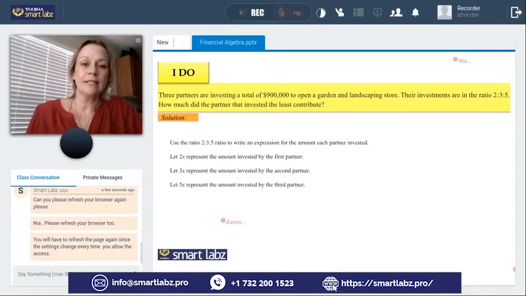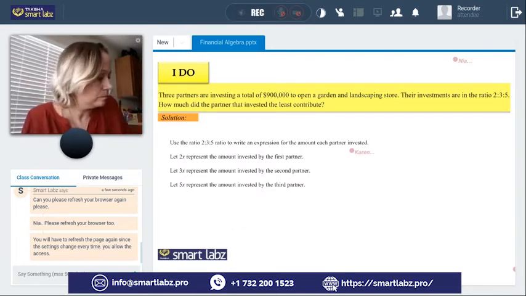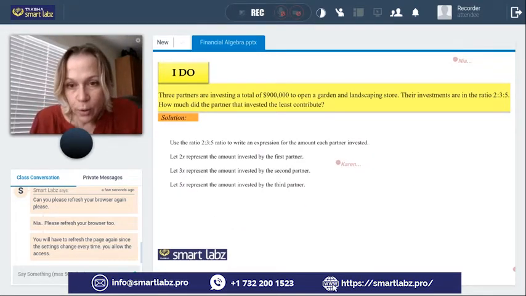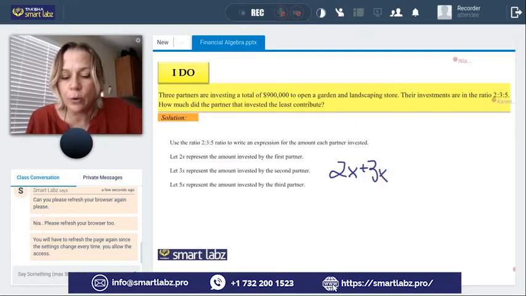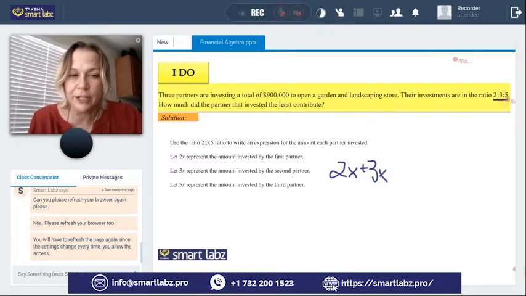So the way we're going to set this up is we have our 2x plus 3x, because do you see how the ratio up here is 2, 3, 5? See, I just underlined it?